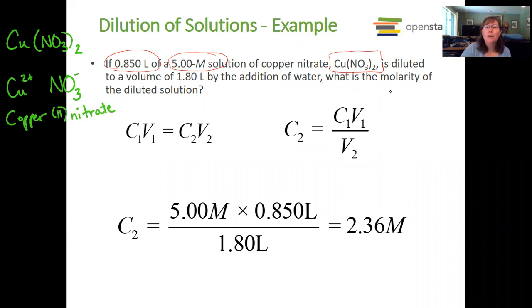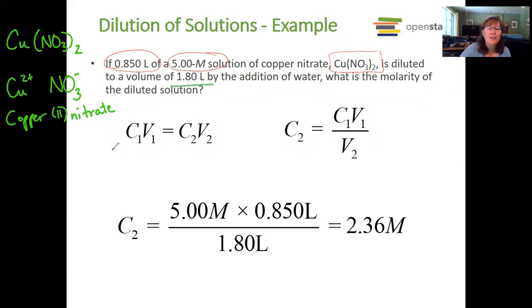Okay, and now we're going to dilute it to a volume of 1.8 liters. So we went from 0.85 liters. It says, what is the molarity of the diluted solution? All right, so let's take a look at what we got going on here.